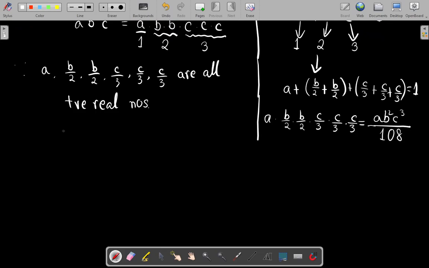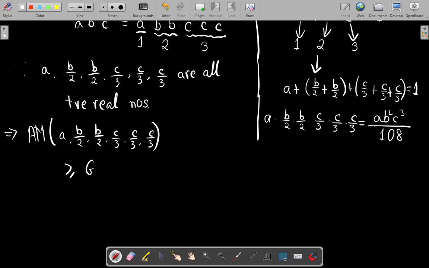So this will imply that the arithmetic mean of these numbers a, b by 2, b by 2, c by 3, c by 3, c by 3 will be greater than or equal to the geometric mean of all these six terms.